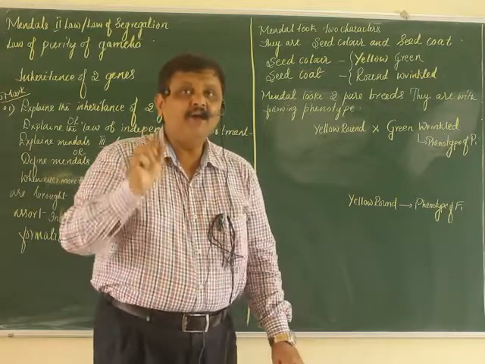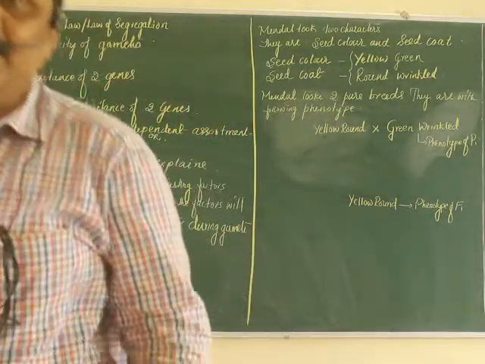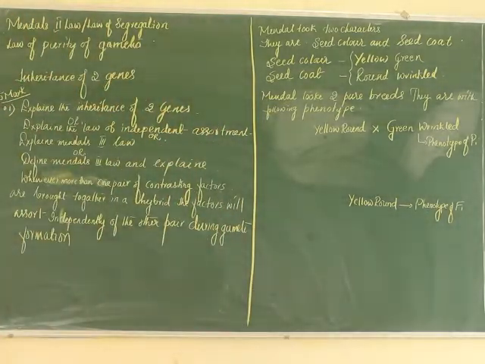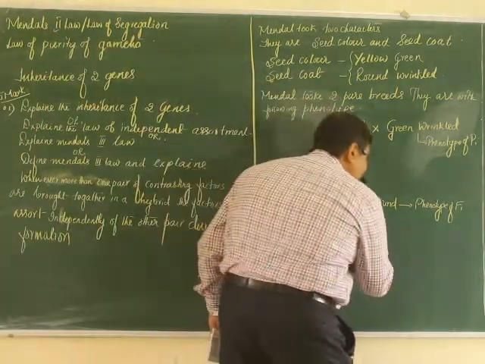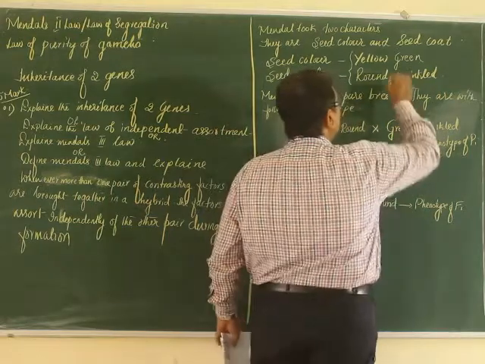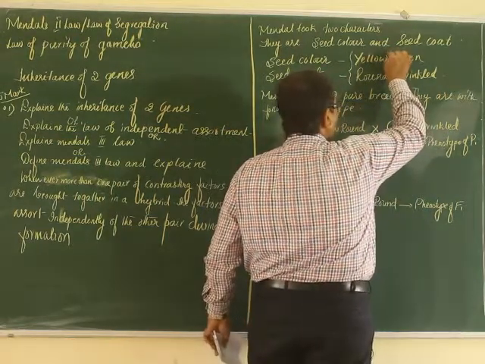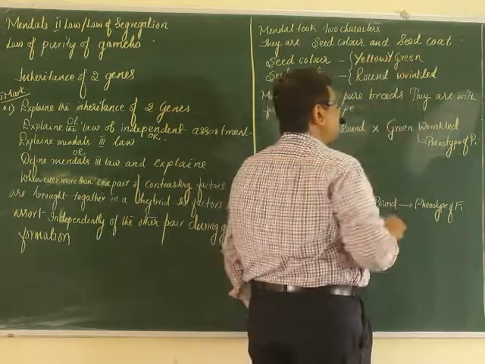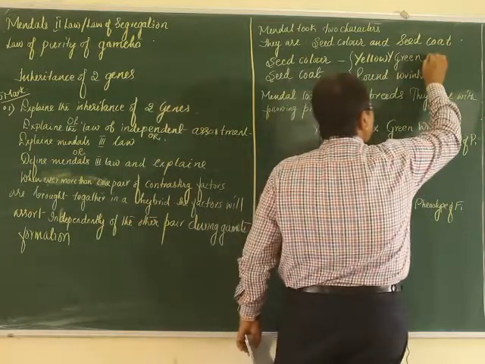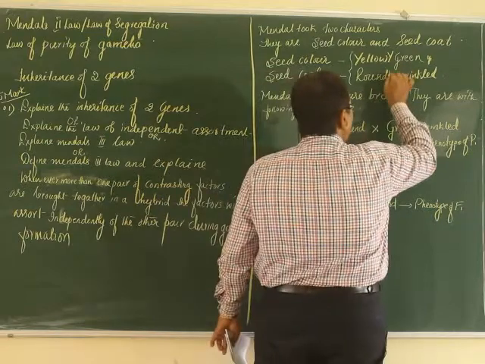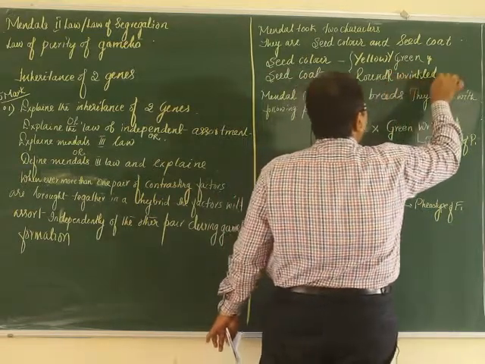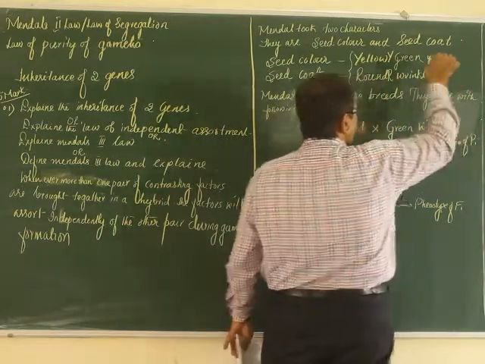Because he got yellow round, he gave the yellow as capital because he came to know that it is dominant. Green he gave small y, and round he gave capital R, and wrinkled he gave small r.